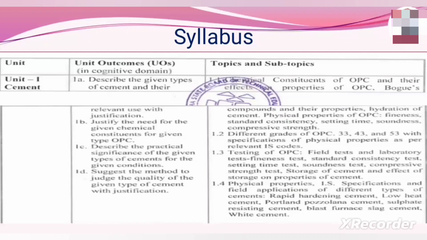In this unit, we will study basic and the main chemical constituents of OPC, its properties, Bogi's compound, hydration, physical properties of OPC, different grades of OPC, testing of OPC, which includes field test and laboratory test as well, physical properties and IS specifications of different types of cements.